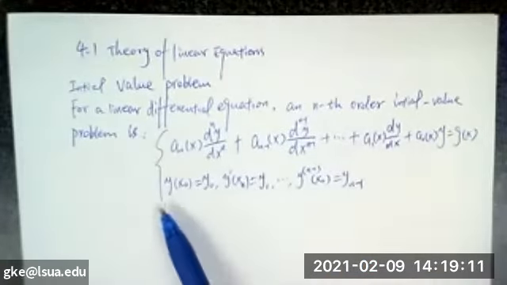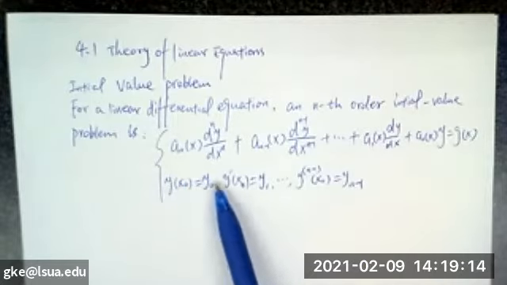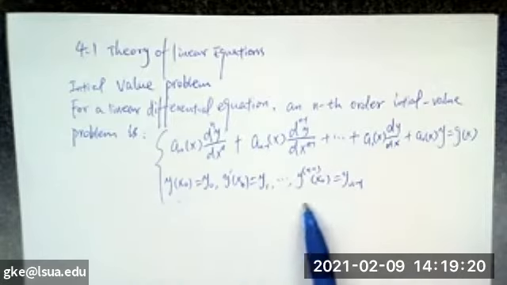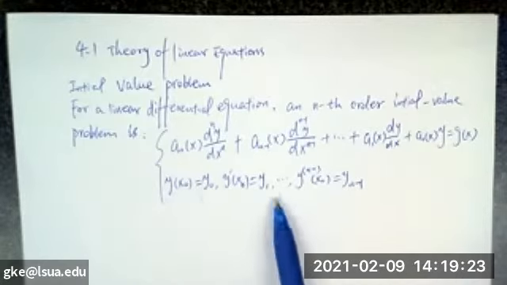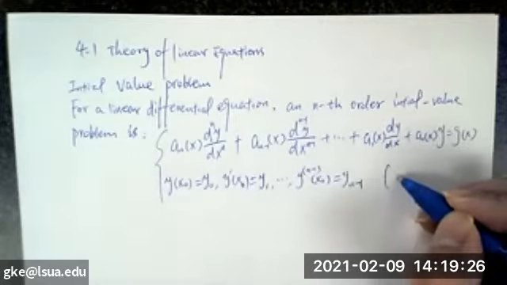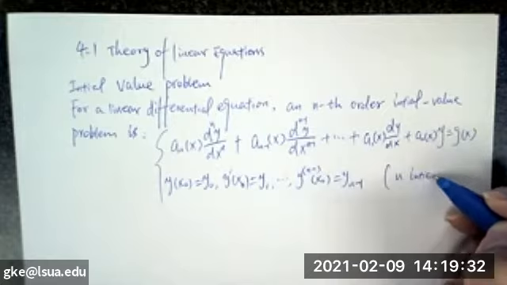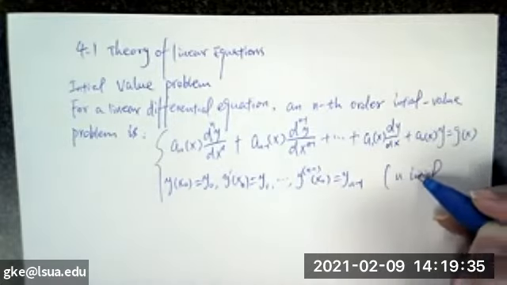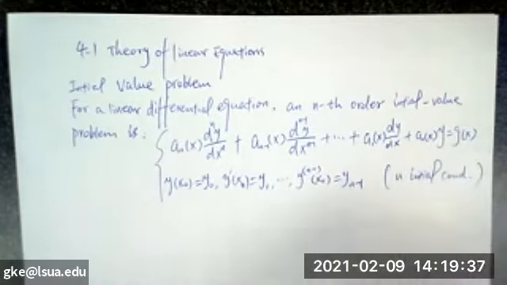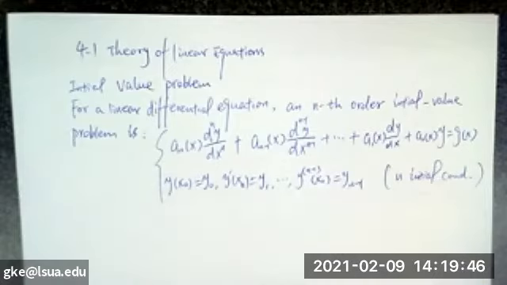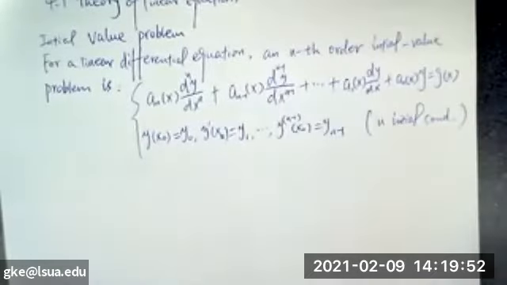And be careful, here we start with y(x0) and y prime until y^(n-1). So in total, from 0, 1 to n minus 1, we have n initial conditions. Be careful, here it's n, from 0 to n minus 1 should be n initial conditions. It's not n minus 1. Okay, so let's take a look at the theorem.